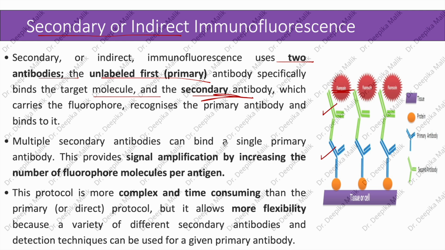Multiple secondary antibodies can bind a single primary antibody. This provides signal amplification by increasing the number of fluorophore molecules per antigen. This protocol is more complex and time-consuming than the primary protocol, but it allows more flexibility because a variety of different secondary antibodies and detection techniques can be used for a given primary antibody.